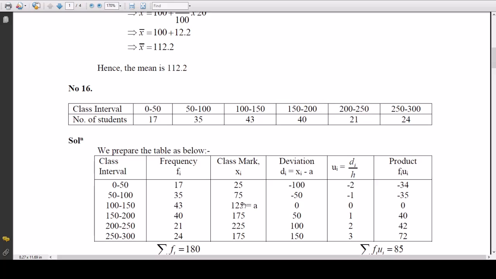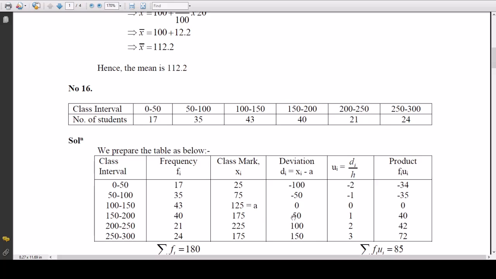Definitely minus is greater, so you will get a negative value. 125 minus 25 is 100, sign will be minus. 75 minus 125, you will get minus 50. 125 minus 125 is 0. 175, here you will get plus, because xi is the bigger value and A is smaller. 175 minus 125, we are getting 50. 225 minus 125, 100. 275 minus 125 is 150.